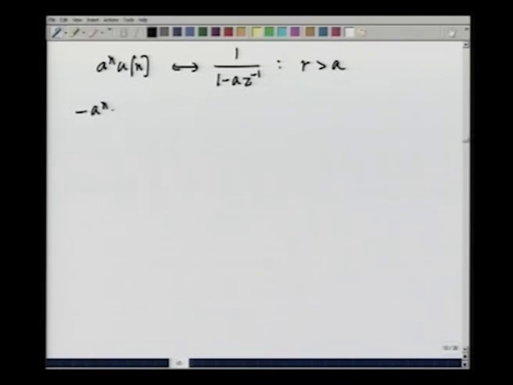Minus a to the n u[minus n minus 1] transforms to the same thing, 1 by 1 minus a z inverse, with |z| less than |a|. Then there are some more expressions which we will just note down.